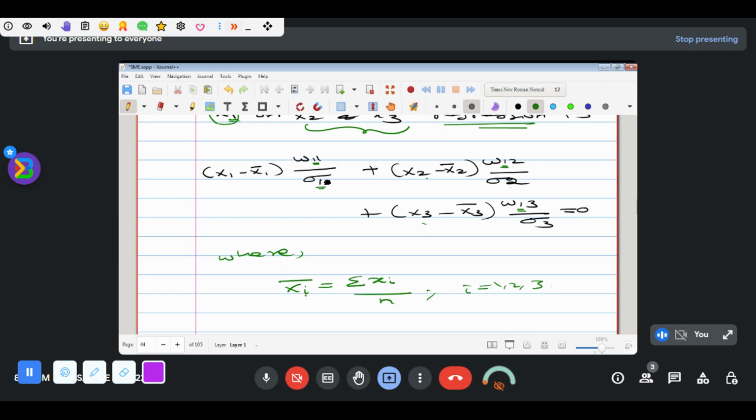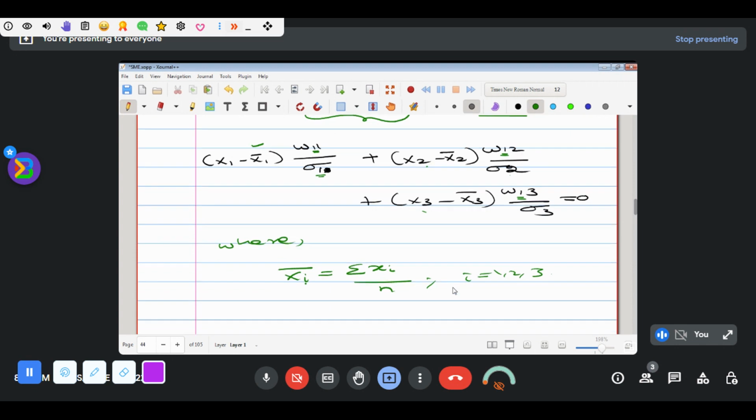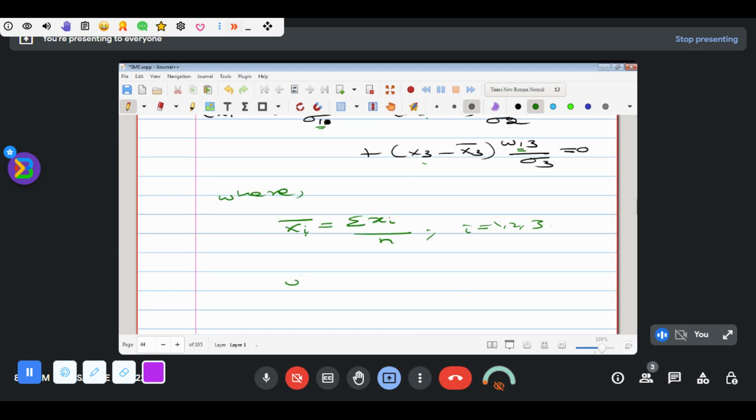Similarly, we can find sigma i, the root of summation of (x minus x bar) whole squared divided by n, where i varies from 1 to 3.